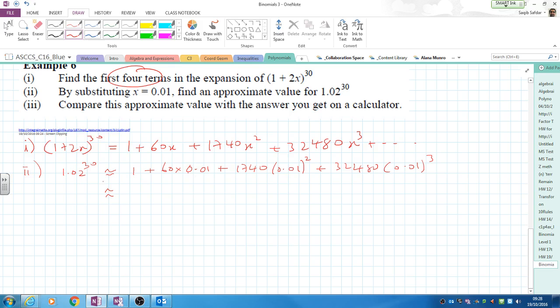So if you put 0.01 in place of x for the first four terms, what do you get when you expand it out? 1.80648. Excellent. Let's do it to about 5 decimal places. Now if we were to use a calculator and you did 1.02 to the power of 30, what do you get?